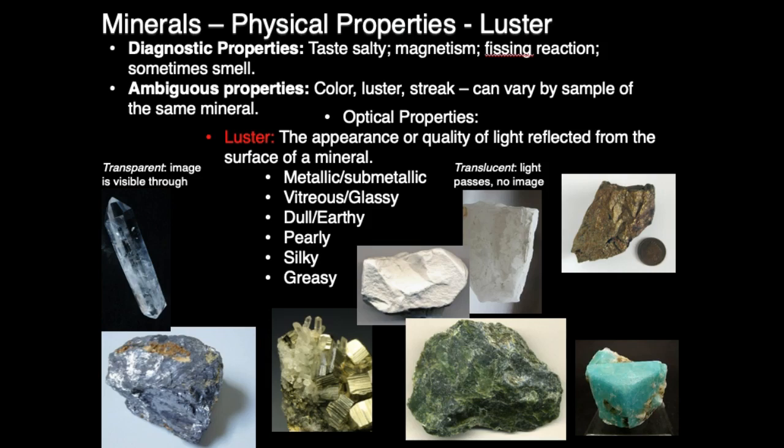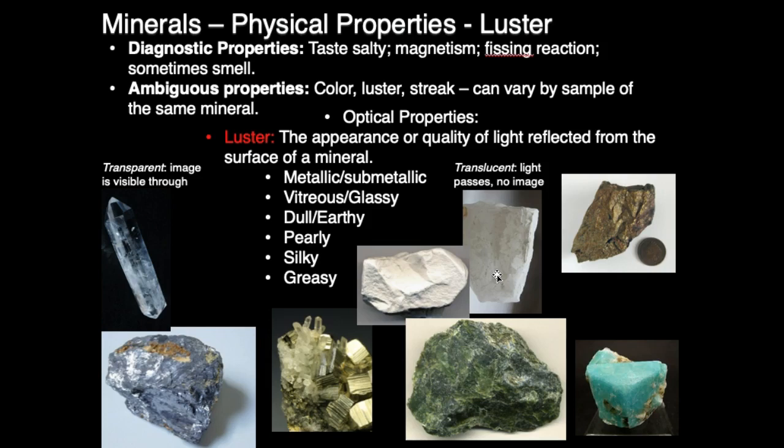Within this property, we have transparent samples, where light passes as well as being basically see-through. So that would be this type. So it is vitreous and it's transparent. But we also have translucent samples that are vitreous. So we have this type right here, where you can see light passing through, but you cannot see an image through the mineral.